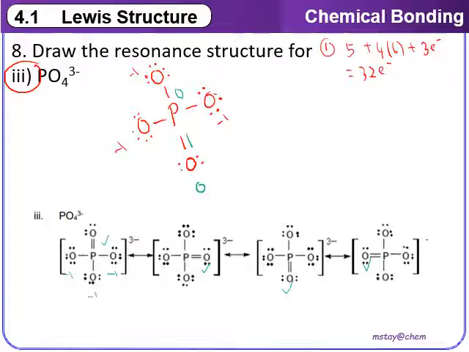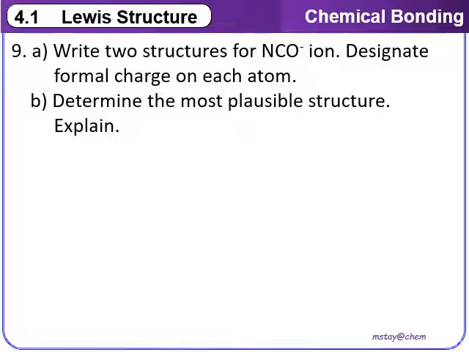The one with the double bond is always 0, and the phosphorus is also always 0. So formal charges are similar, but the position of the double bond is different, which means this structure is able to show resonance properties. Okay, now continue with question number 9.